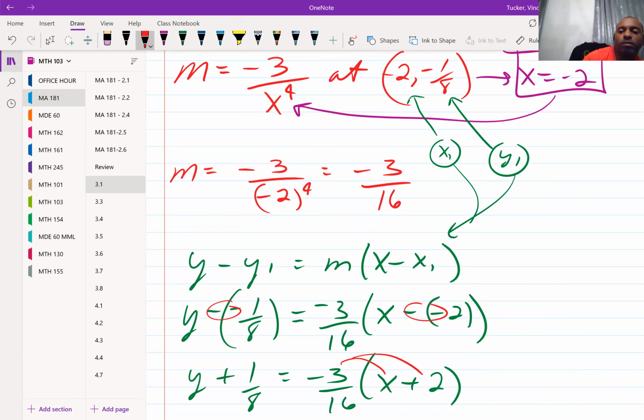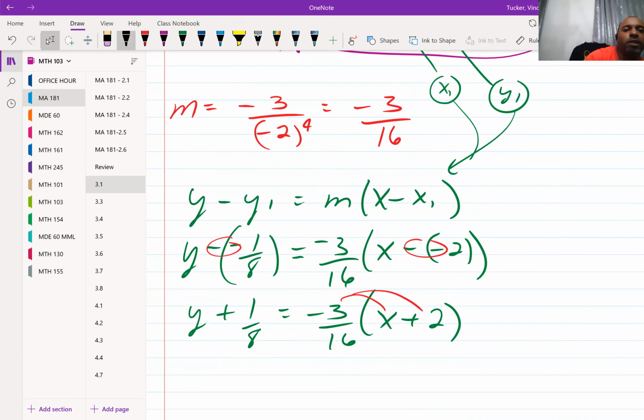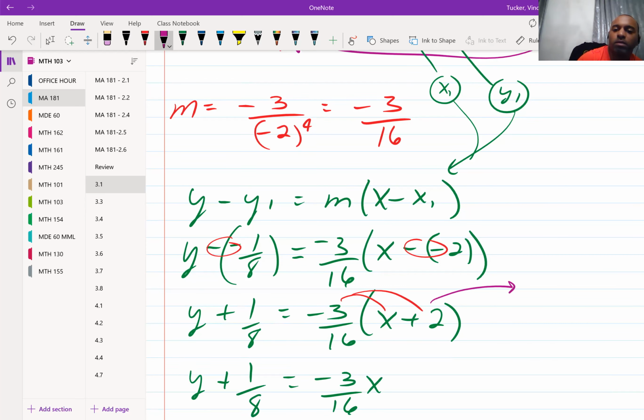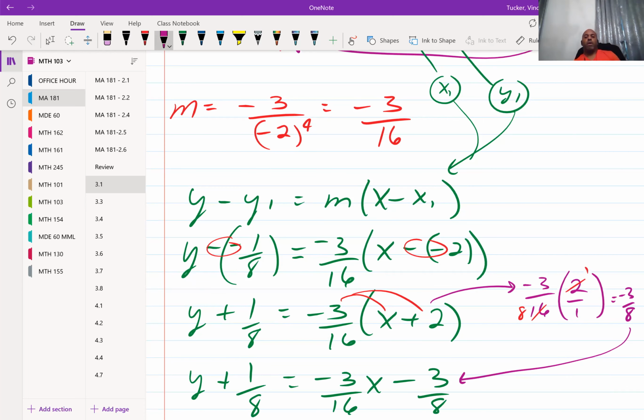Now we can distribute -3/16. If you were to multiply -3/16 times that 2, the 16 and the 2 that you're multiplying it by can cancel out, and that'll leave you with just -3/8.